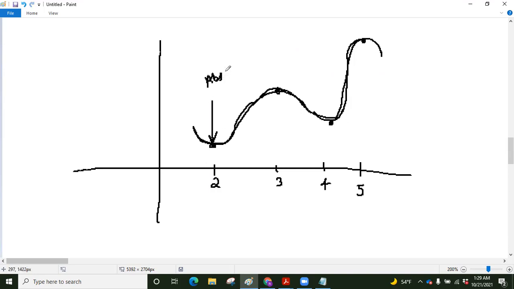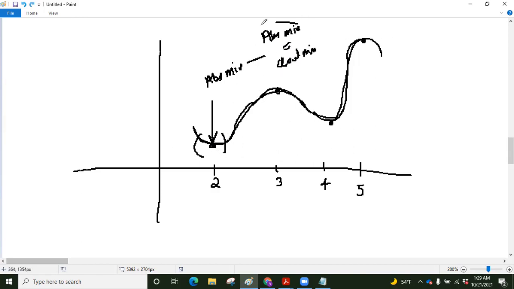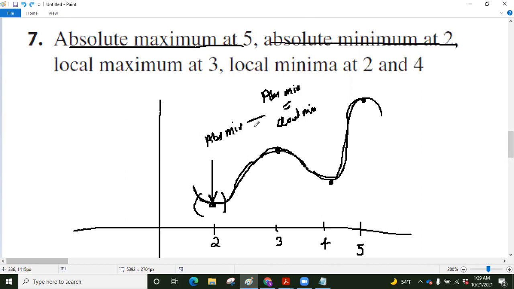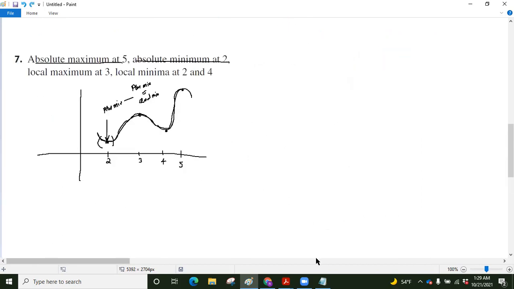But remember that if it's an absolute minimum, then it must also be a local minimum. Within its own locality, it is still the lowest point, and throughout the entire graph, it is the lowest point. So we say that it's the absolute minimum and the local minimum. And that's how our graph would look for this particular question.